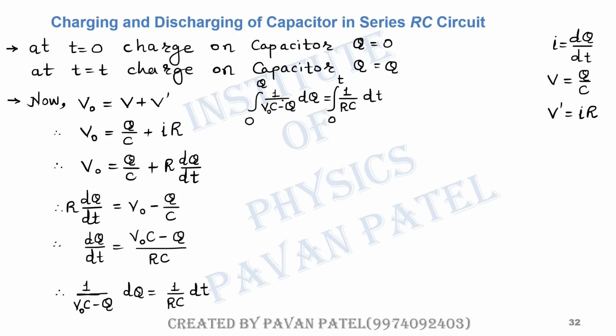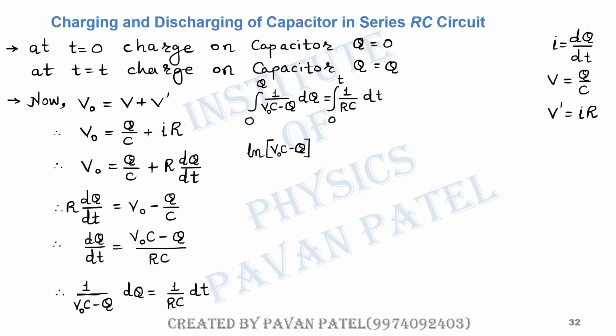Now integration जो है 1 upon variable है. Listen to my words very carefully. Integration of 1 divided by variable, q वाला term है. So 1 divided by variable का integration होता है ln. ln is the natural log of V0 C minus q, right?